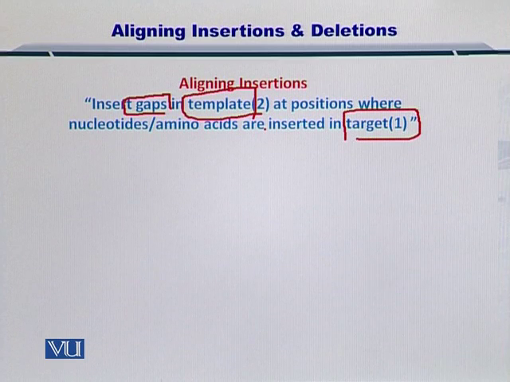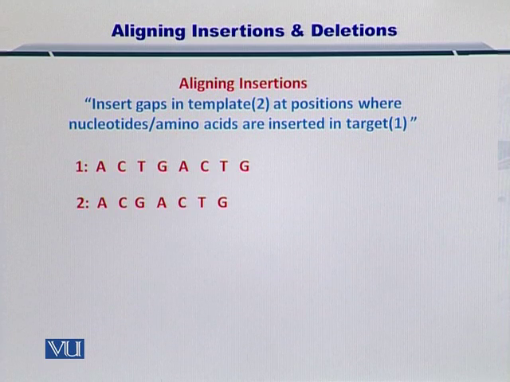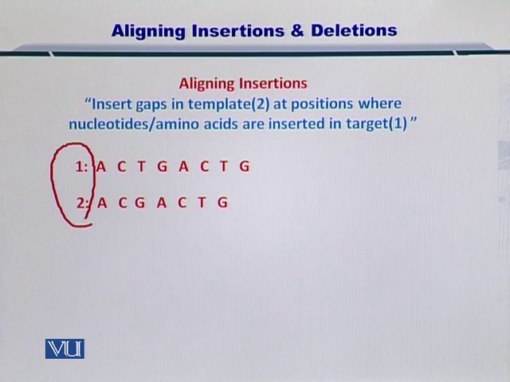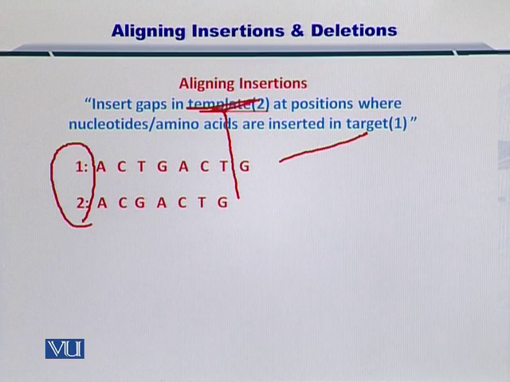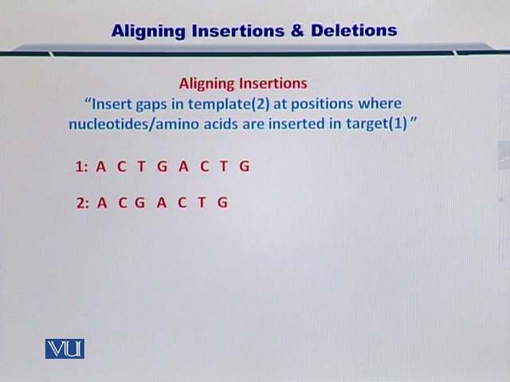So let's take a look at the definition of template and target. Here I have two nucleotide sequences for you, as you can see. I have called them 1 and 2 to keep it simple. So 1 is the target and 2 is the template. Sequence 1 and sequence 2 are to be compared.